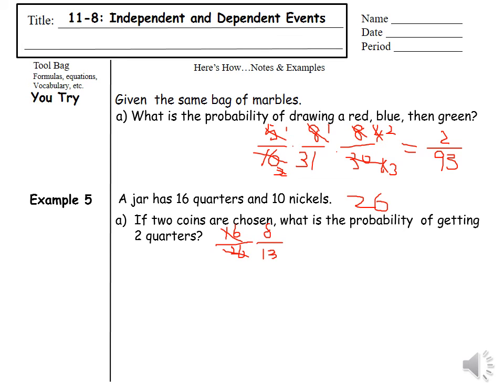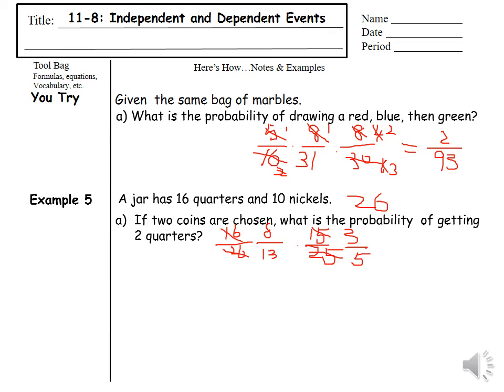Because you take 1 quarter out and it didn't tell you to put it back, we assume we didn't put it back. So we only have 15 quarters left, because 16 minus 1 equals 15. And the total is no longer 26, it's 25. Again, 15 and 25 divided by 5 is 3 out of 5.